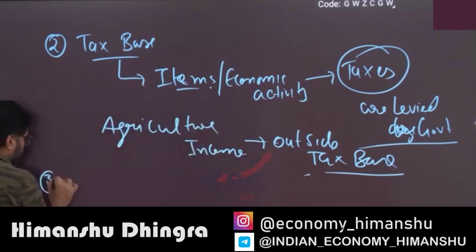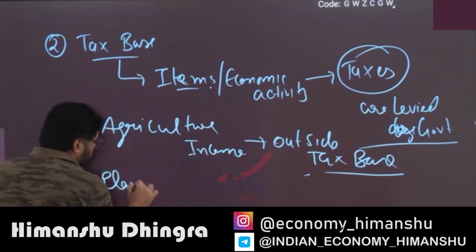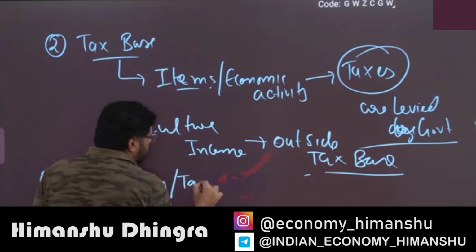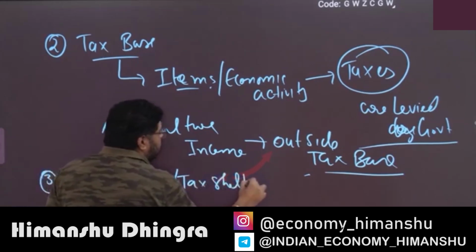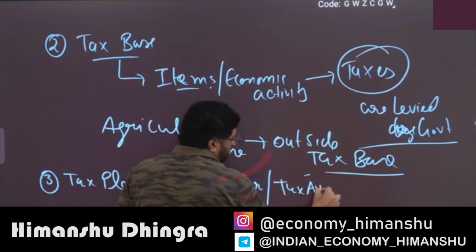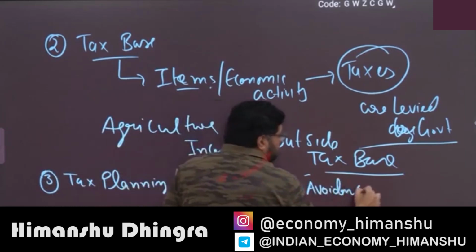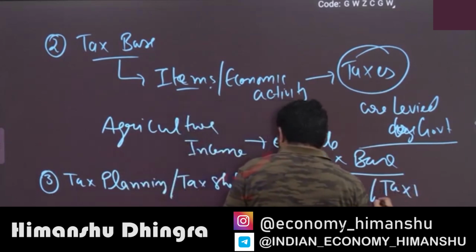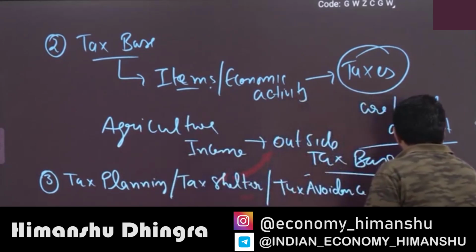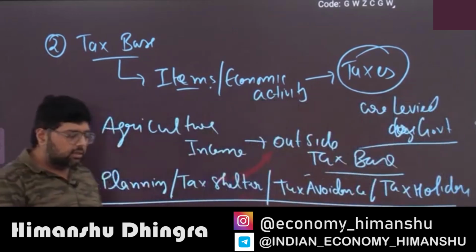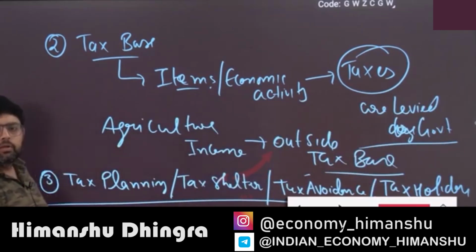Number 3, there is a term tax planning, which is also called tax shelter, tax avoidance, tax holiday. So you can say it is like different names of one person.